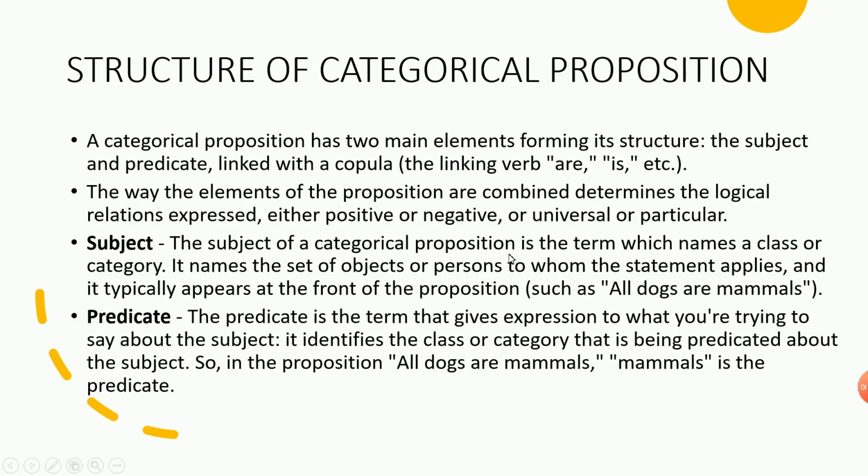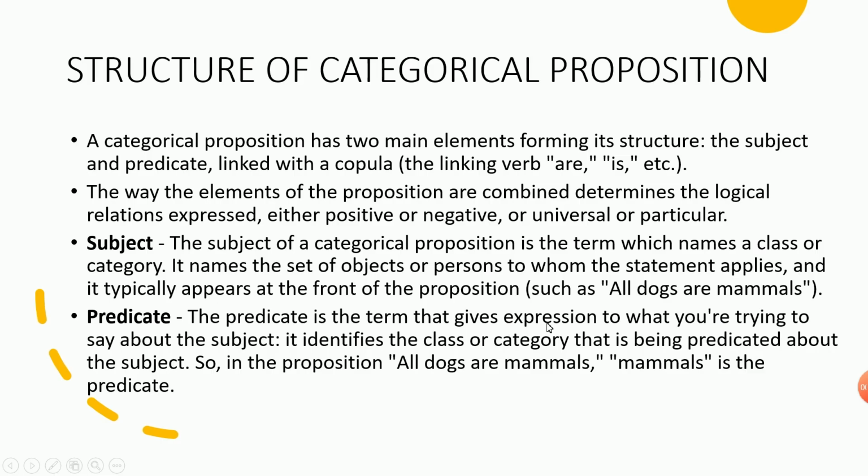The subject of a categorical proposition is the term which names a class or category. If we are talking about us, then we are the subject. It names the set of objects or persons to whom the statement applies, and it typically appears at the front of the proposition, such as all dogs are mammals. So here all dogs is the subject, are is the copula, mammals is the predicate.